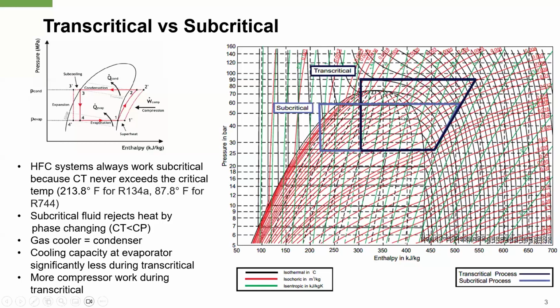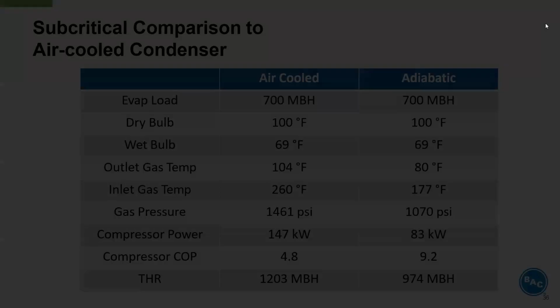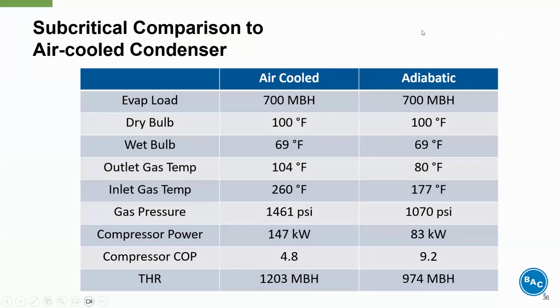So let's take a look at what that would look like in terms of some equipment selections and some numbers. So here we have a CO2 refrigeration system, the same evaporator load for both, 700 MBH, ambient design conditions of 100 degrees dry bulb, 69 wet bulb. That's a pretty dry climate, probably something like Northern California.